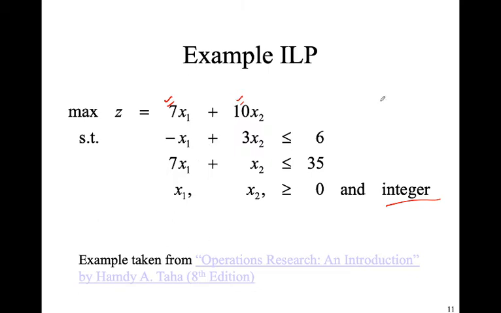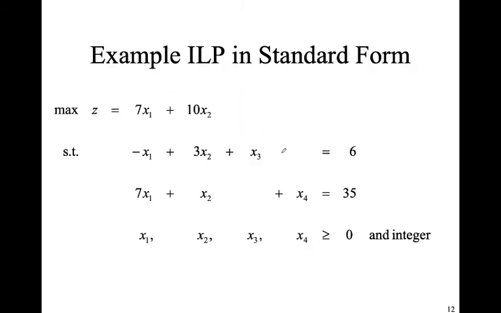So, first of all, according to the Gomory cutting plane algorithm, we have to convert it into the standard form, or consider it as a linear programming problem and then solve it by using the simplex method. In the next step we have to remove these constraints by adding slack variables. Now x3 is a slack variable, x4 is a slack variable.